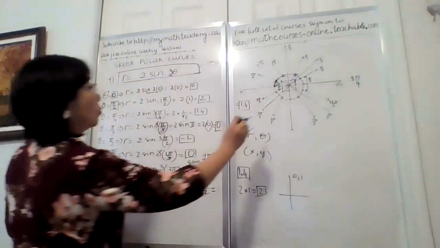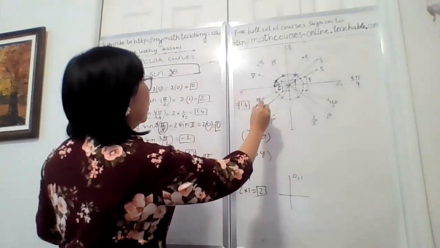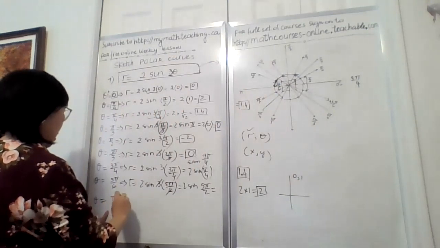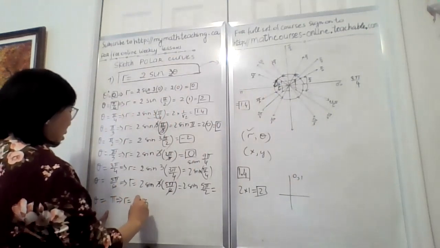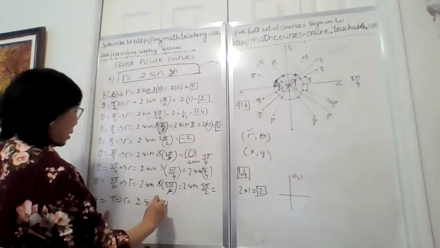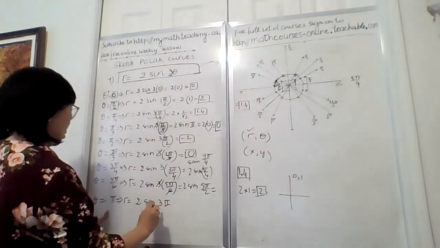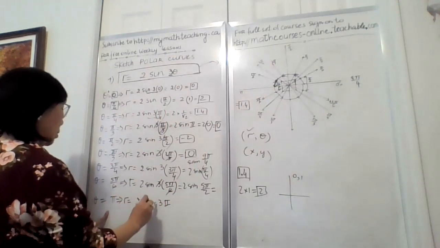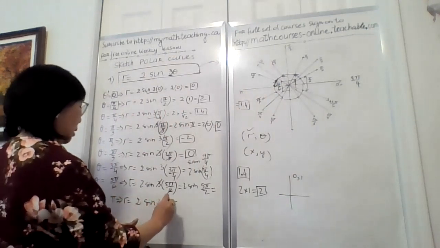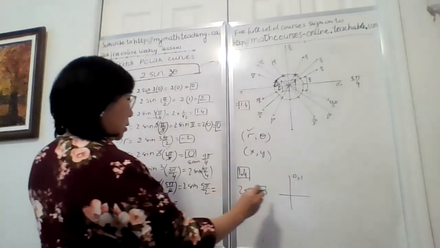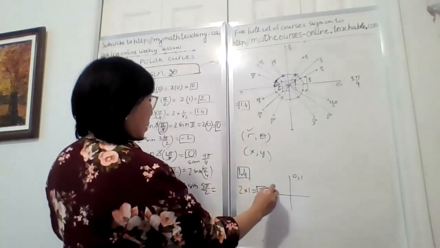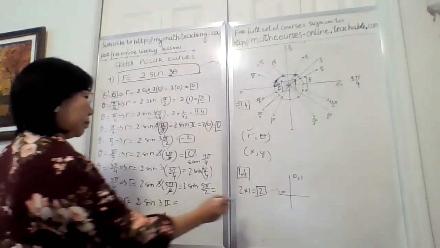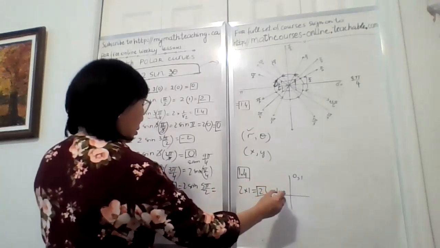Theta equal 5 over 6 equal pi, then R will be equal to 2 times sine 3 pi, right? Now 1 pi is minus 1 and 0, so 0. At 3 pi, the same thing.